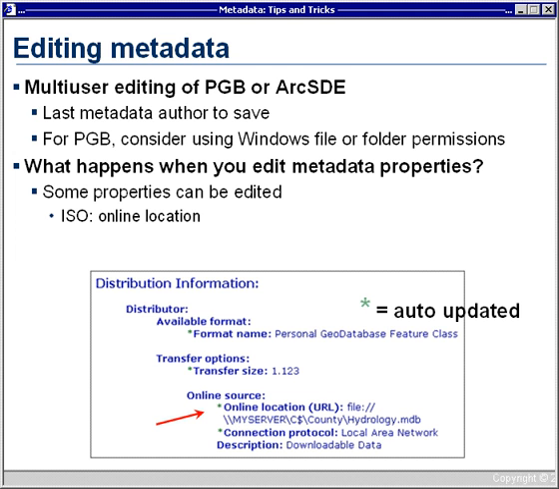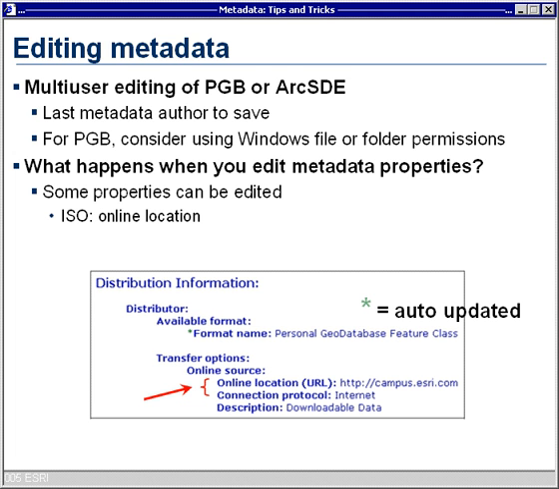For security reasons, you may not want to expose the names of your in-house computers and might want to edit this element to show a more benign reference, such as a website. Then, once you edit the value, it won't automatically be updated again. And you'll know that when you use the style sheet to view your metadata and you see that the element is no longer flagged with an asterisk.